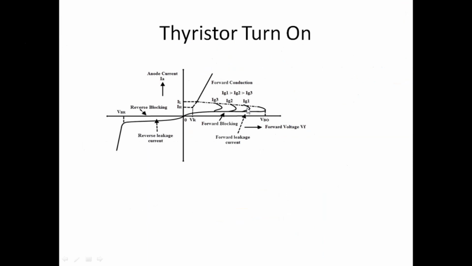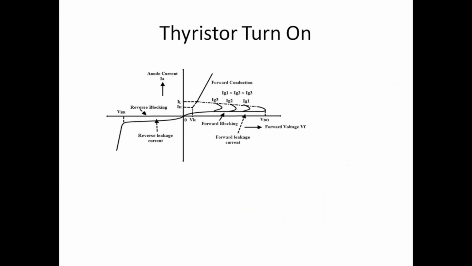For example, if it is 1 milliamp, and if you apply 2 milliamps, your breakover voltage may be less, meaning that for a smaller anode to cathode voltage the SCR will turn on. If you give sufficient gate current, for example 5 milliamps, even if the anode to cathode voltage is around 1 volt, we can turn on the SCR.